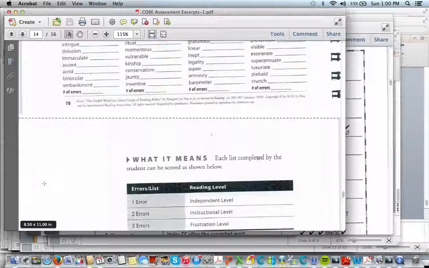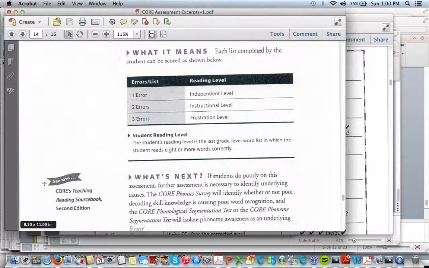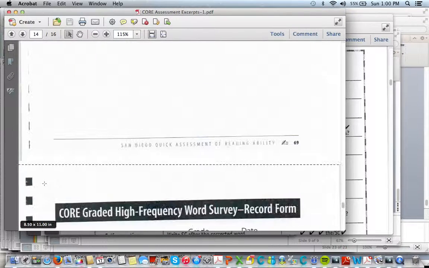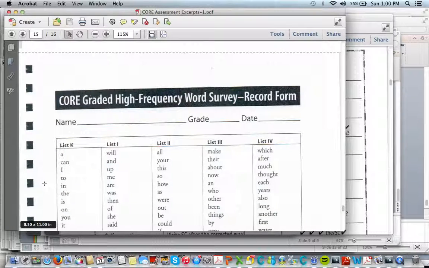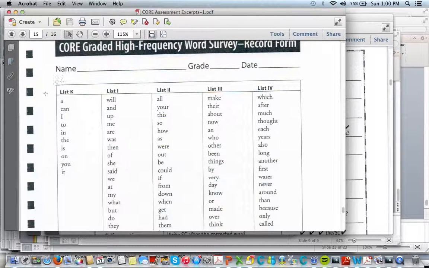Now let's move to the core graded high frequency word survey. This is very similar. It's a set of lists. List K is kindergarten, list 1 is first grade, second grade, third grade, fourth grade. So if your student tested above fourth grade, then you're not going to be able to use this one, so don't worry about it.